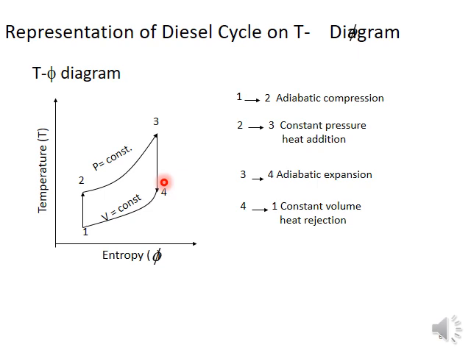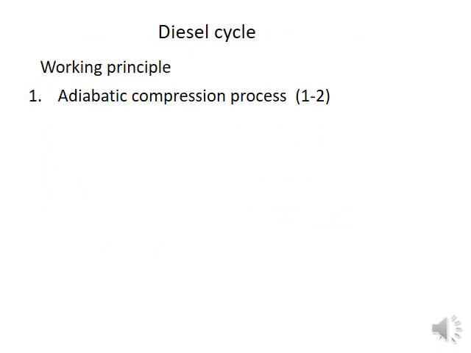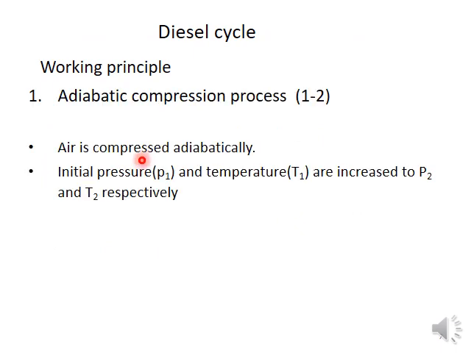The first one is the adiabatic compression process, 1 to 2. Here the air is compressed adiabatically, and we know that the pressure P1 and the temperature T1 are increased to P2 and T2.